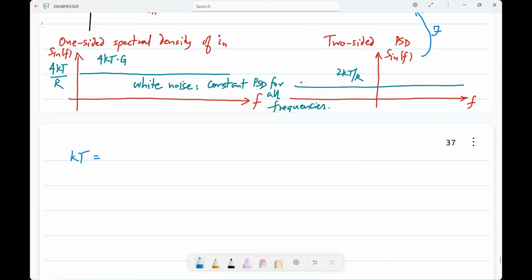So it turns out the factor kT is a good approximation at low frequencies, but it should really be hf over e to the power hf by kT minus 1. What is the constant h? It's Planck's constant.